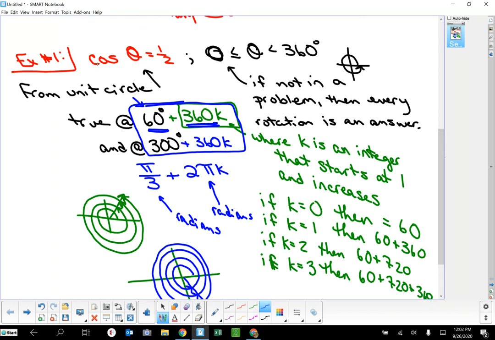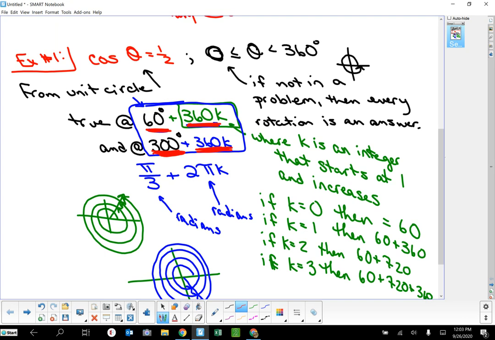Okay, if you're being asked to say cosine of theta is a half, well, where does that happen? You know it happens at 60 and at 300. But then it happens forever and ever and ever as you continue to make these bullseyes around this circle. So it's going to happen every time you go around the circle. Okay.